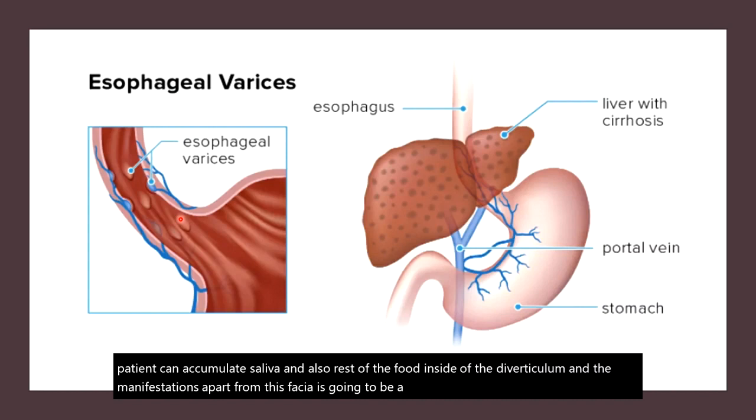Another thing that we can see in an endoscopic exam is the dilatation of esophageal varices. When we see varices that are increased in diameter, we should think that we have a problem in the liver, and the portal vein should be suffering from something that we call portal hypertension.